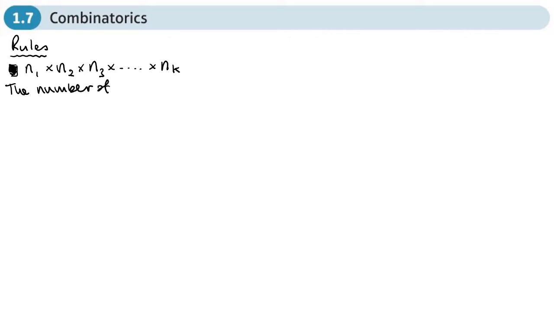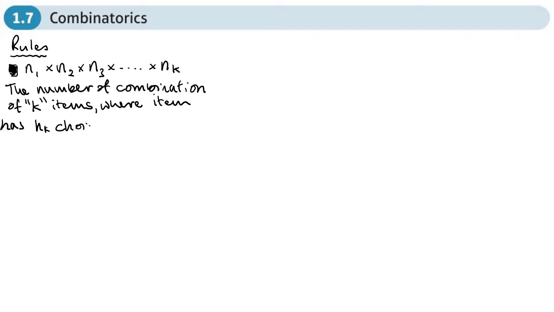Now, let's say we have up to k items. This calculation will give us the number of combinations of k items where each item has n k choices.